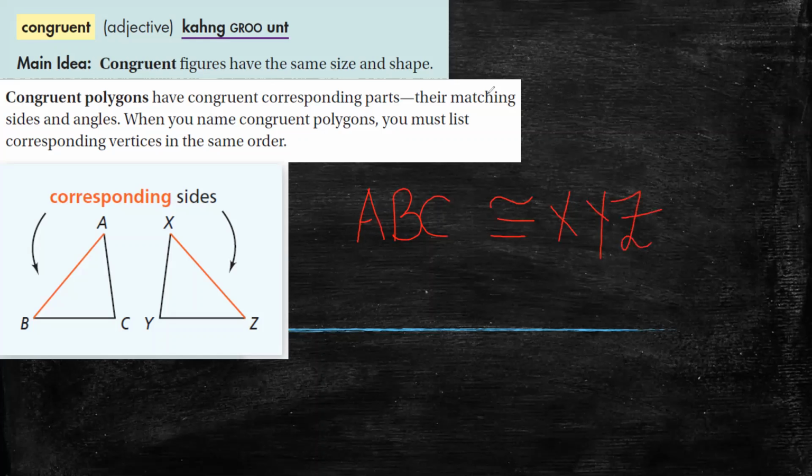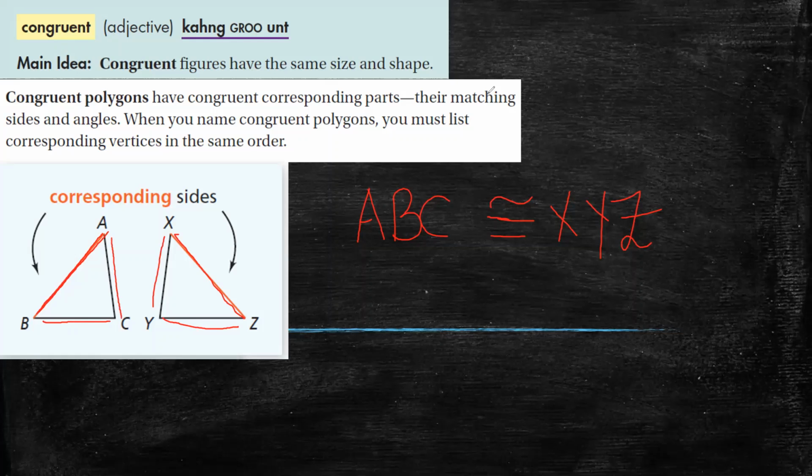As I told you, this sign means congruent. From this, I see that side AB is congruent to XZ, BC is congruent to YZ, and AC is congruent to XY.